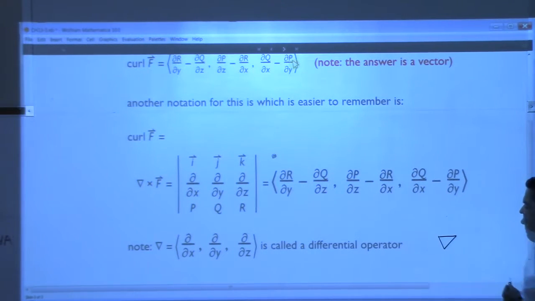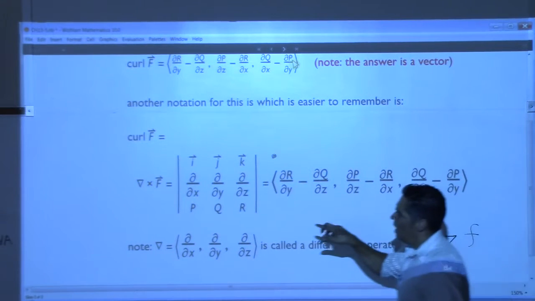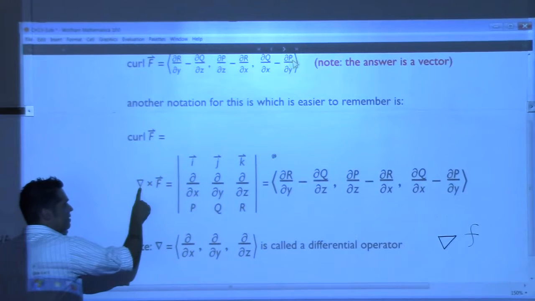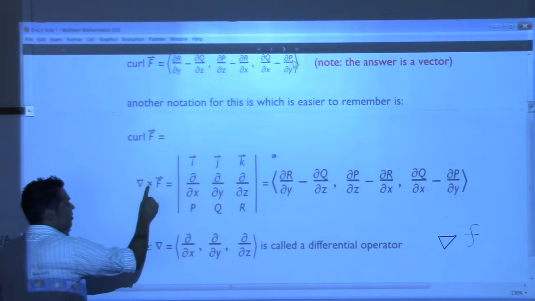This is what we use usually in front of little f to say find the gradient, right? But we're going to look at this as an operator, meaning I'm going to put this symbol here, which is like the gradient symbol, right? But then we're going to say we're going to take the gradient and cross it with f.